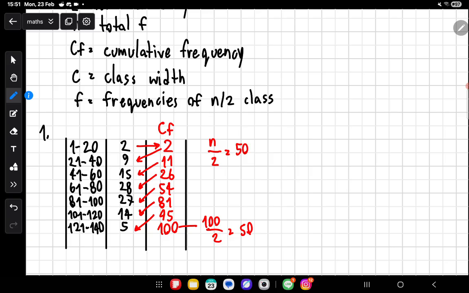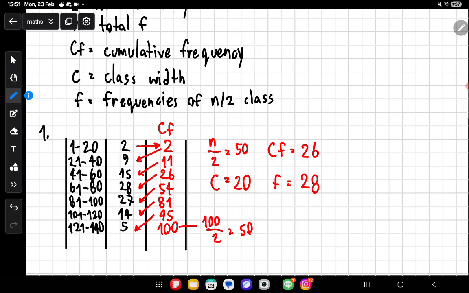Now, look at our class width. What's this? Our class width is 20. As for our cumulative frequency, it comes before the 28 that makes it 54. So our cumulative frequency is 26. This means the frequency of our n over 2 class should be 28.